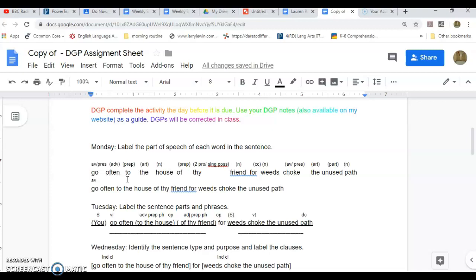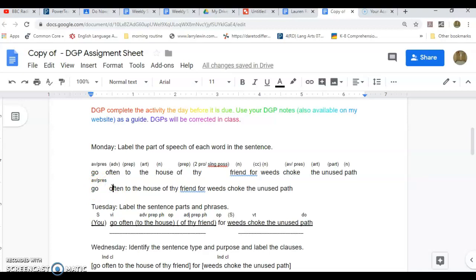Oh, look at that. And then I know that it's present tense, PRES. So what I did after I identified the word, I came back to my sentence that I am breaking down or analyzing, and I hit enter, enter, enter, enter. You're gonna have to change that back to lowercase g because you don't do that until Thursday.